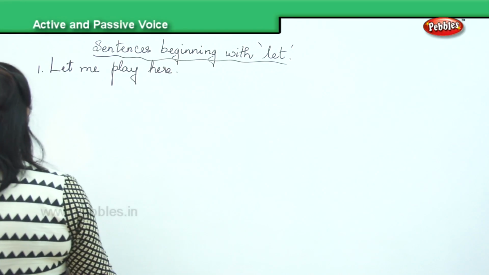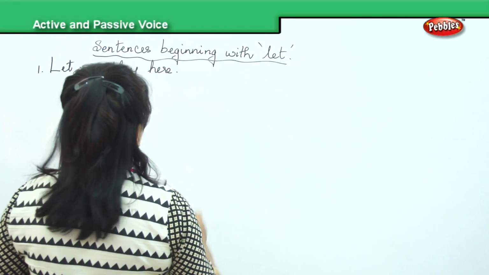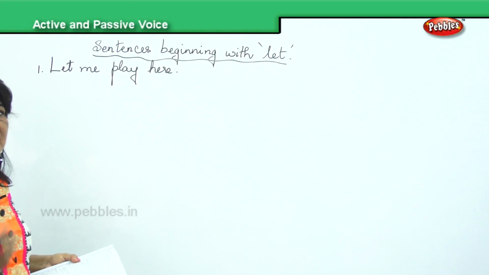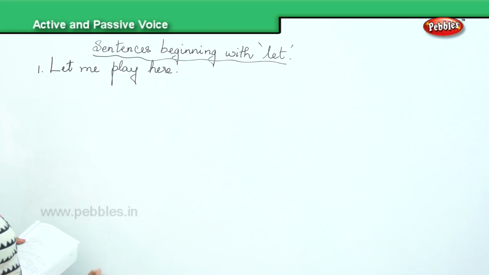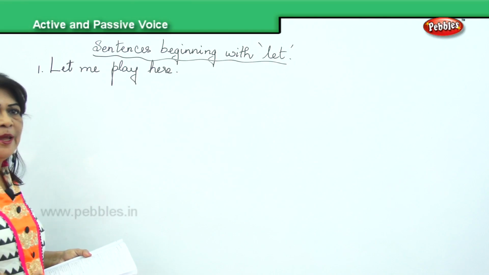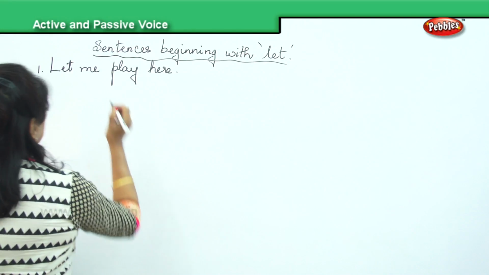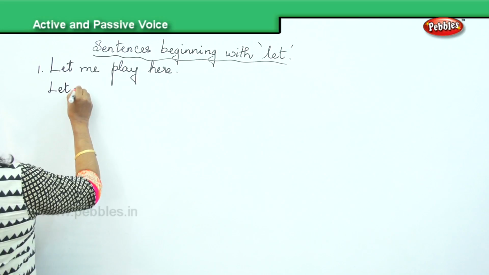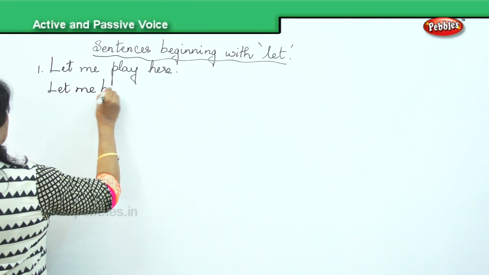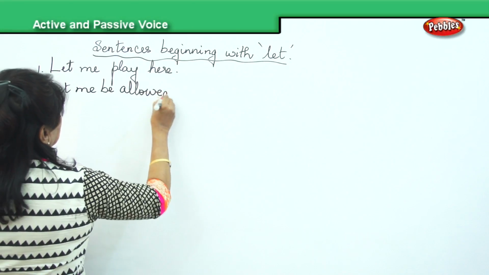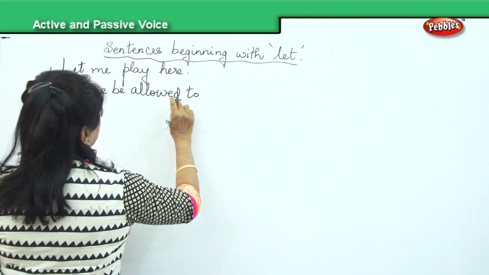This is something like asking for permission. So, let me be allowed to play here. That is how we are going to change it. Let me be allowed to play here.